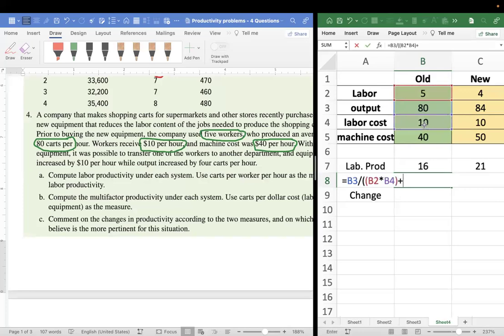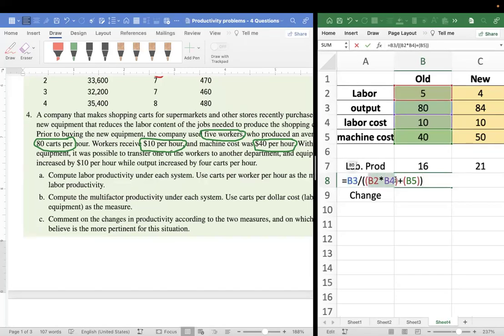And then there is another input, and that is machine cost, and that's it. So that's our multi-factor productivity. And as you can see here, in multi-factor productivity, this B3 is our output, which in this case is 80.